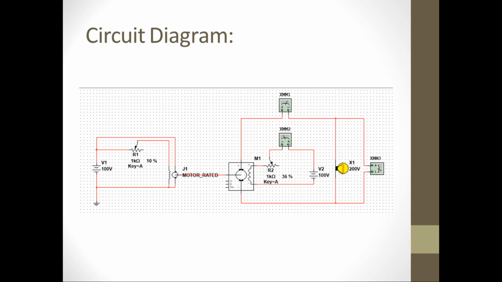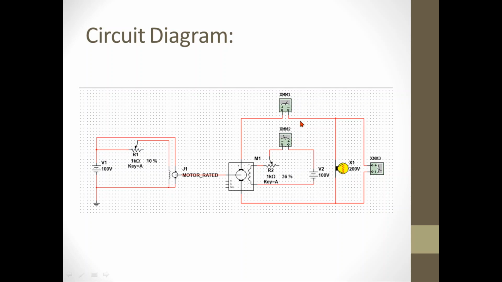under loaded condition. In the same setup, we have on the left side the prime mover of the DC generator, and on the right side the separately excited DC generator, and then we have here the virtual load of the generator, which is actually a lamp.